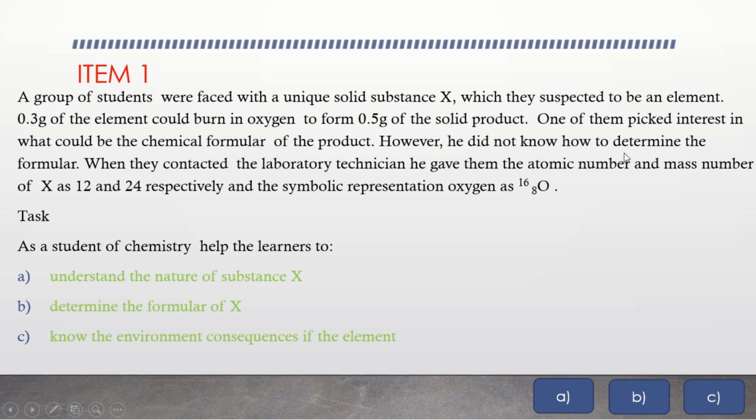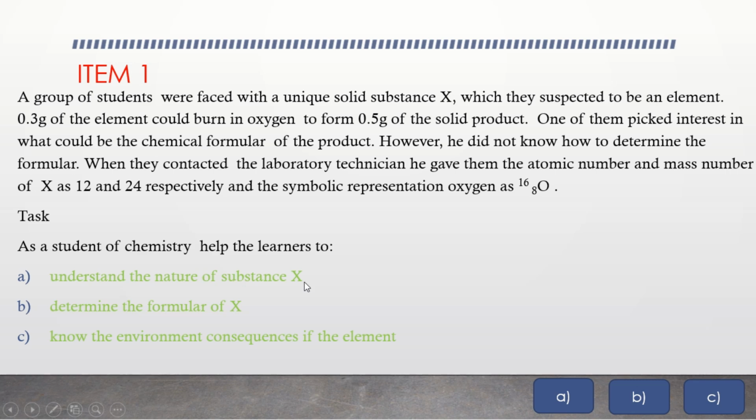However, he did not know how to determine the formula. When they contacted the laboratory technician, he gave them the atomic number and atomic mass of X as 12 and 24 respectively, and the symbolic representation of oxygen as 16.8.